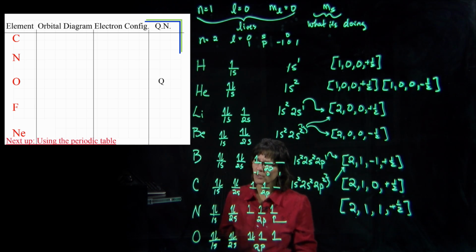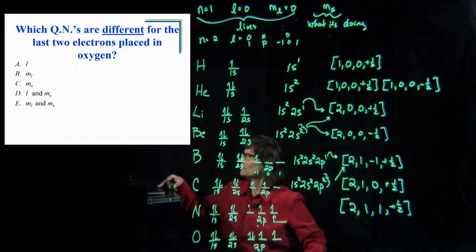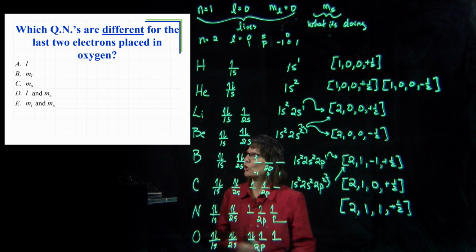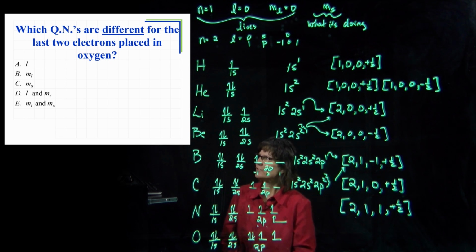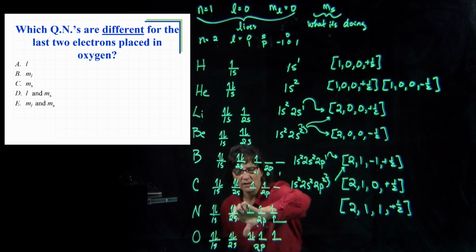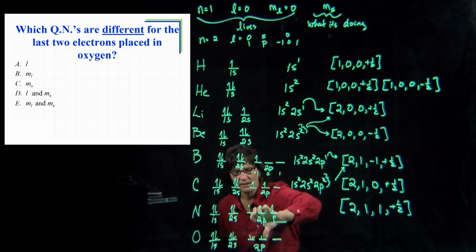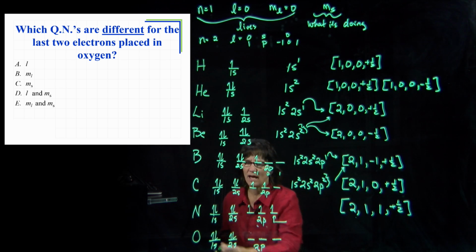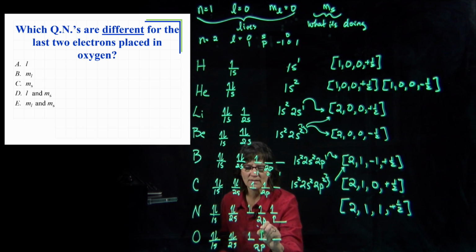So what I want you to do is answer the question that we see here. Which quantum numbers are going to be different for the last 2 electrons I placed in oxygen? So let me back up and place those last 2 in there again. I'm going to erase this if I can, without making too much of a mess. I did 1, 2, 3, 4, 5, 6.